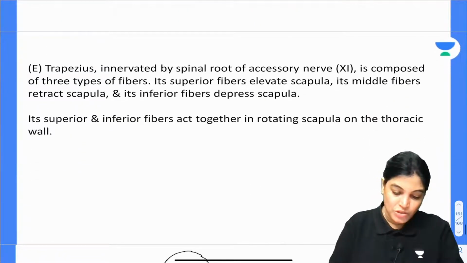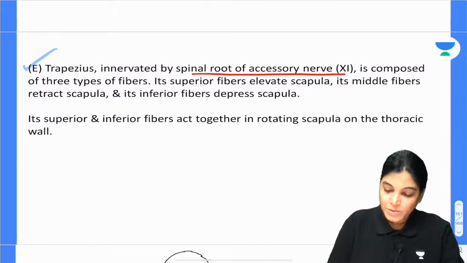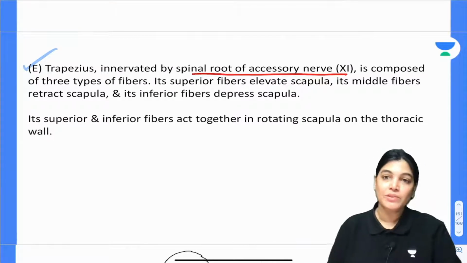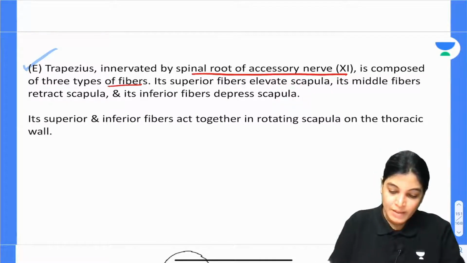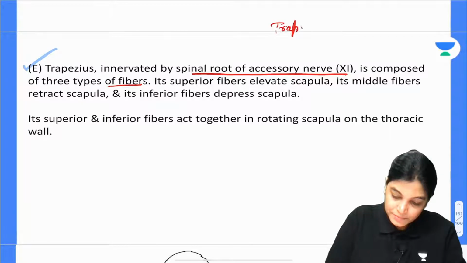Now, when we are talking of the trapezius muscle, its innervation is by the spinal accessory nerve, the 11th cranial nerve, and it is composed of 3 fibers.